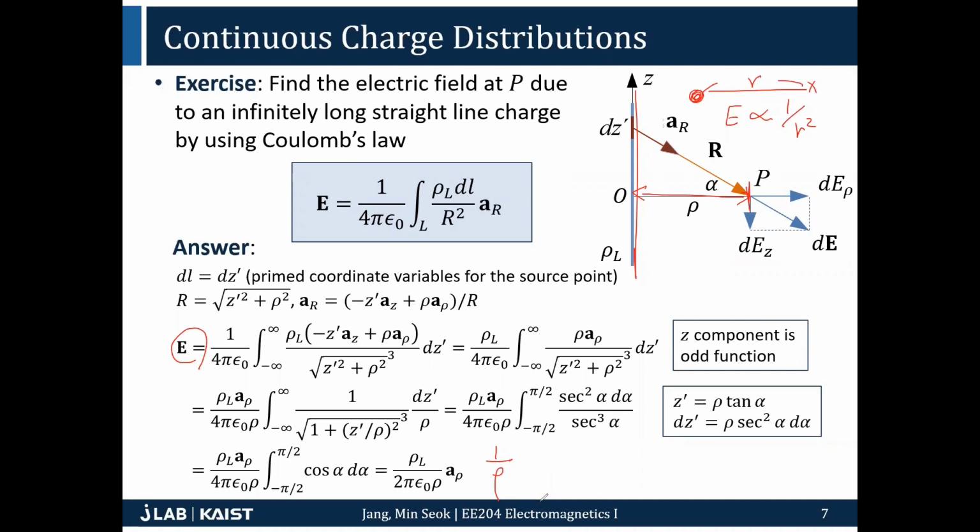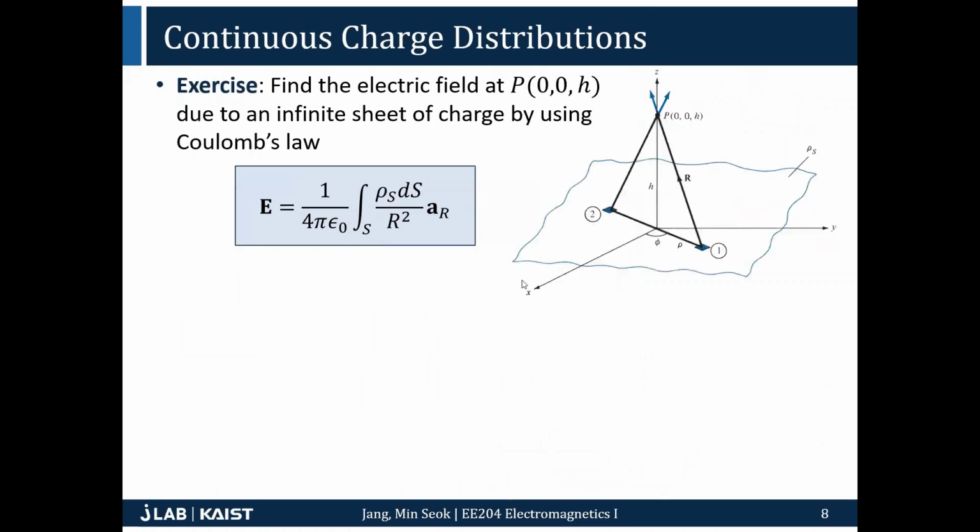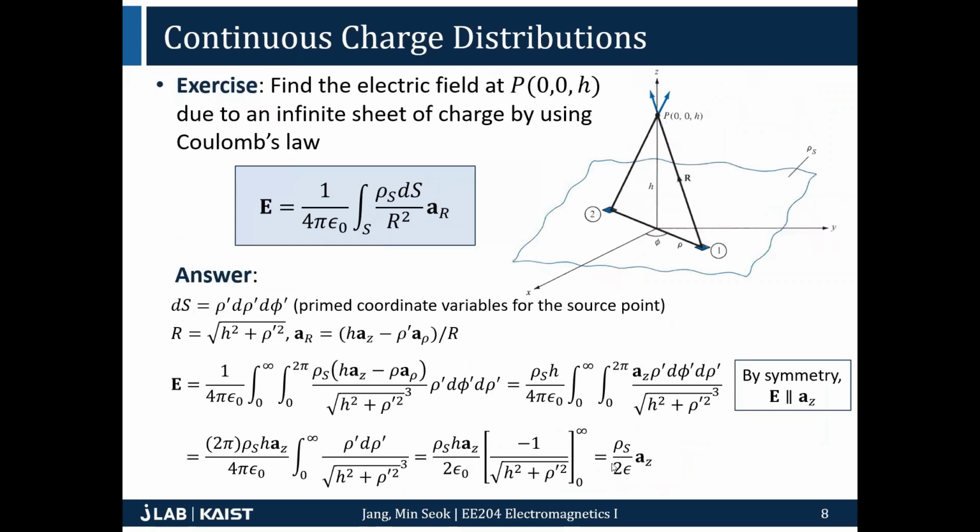And then you can also imagine what's going to happen if we have a surface charge. The dependence would be 0, no dependence, right? So if you have an infinitely large surface, then as you can see here, your answer does not depend on position, right?